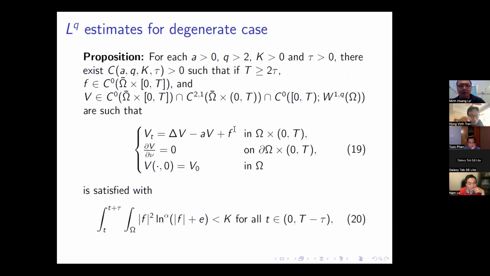Yes, this one. It looks quite interesting to me that if f squared log f to the power alpha is bounded, then you have the boundedness of V. Even this one for the parabolic equation, is this new?